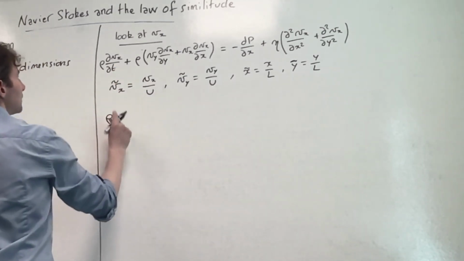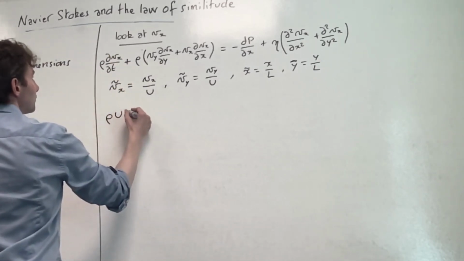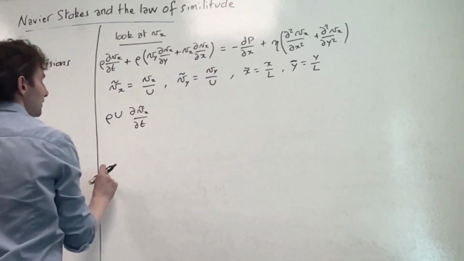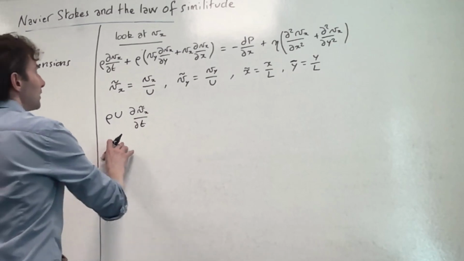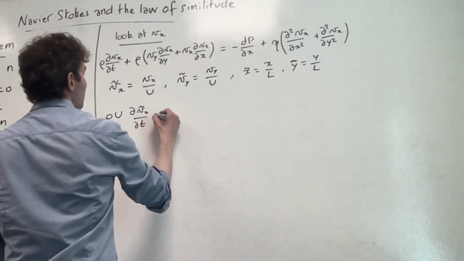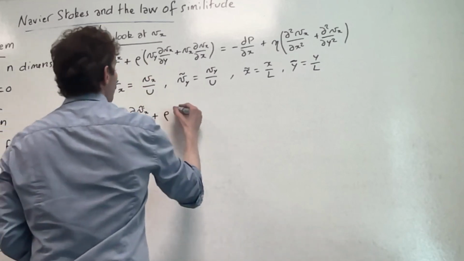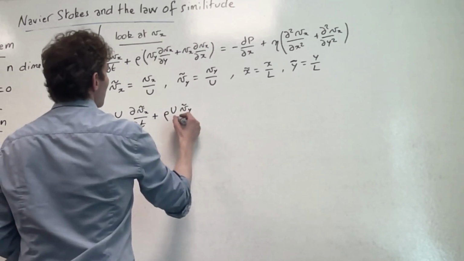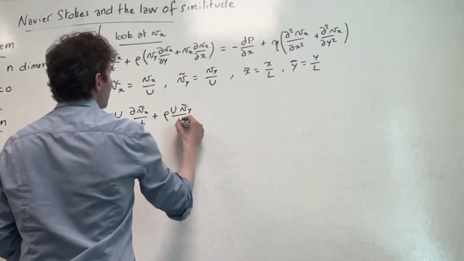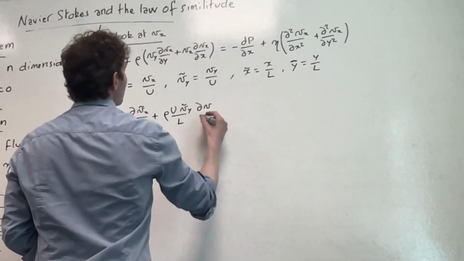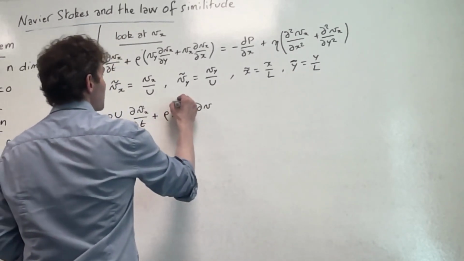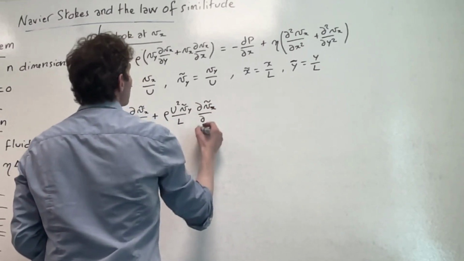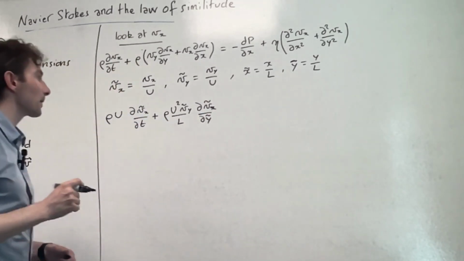So rho, then I'm going to get a u, and then I've got dVx tilde dt. So far, this is what I have on that side here. Then plus rho, then I've got here u Vy tilde, divided by L, d, so that's u squared, dVx tilde dy tilde.